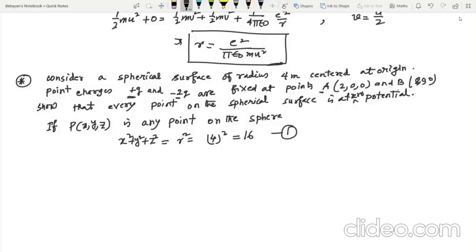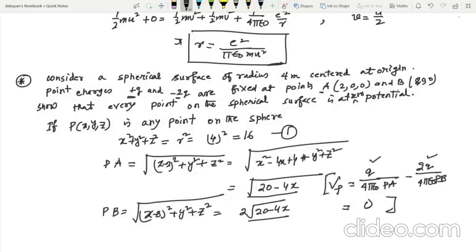If you put this value, it will come out 0, because the distance is the same: root over 20 minus 4x. This is q and this is 2q. So our result will be 0. Now, this is one type of question that can come.